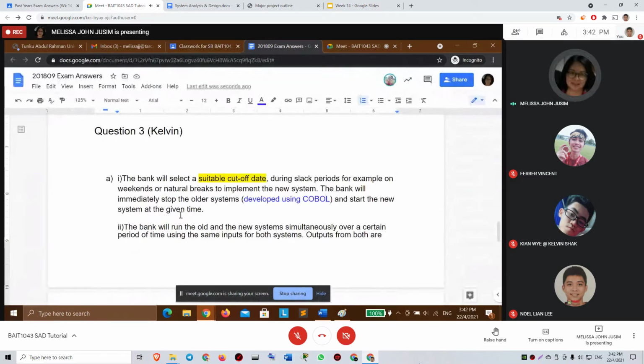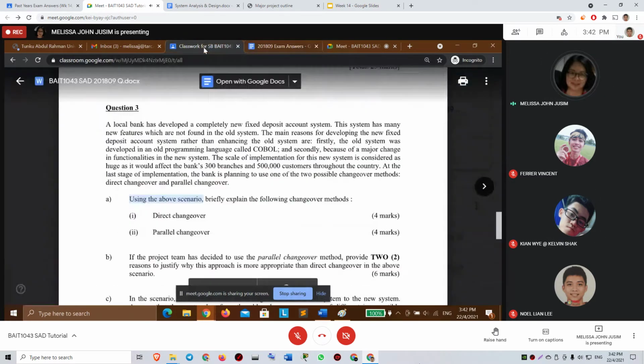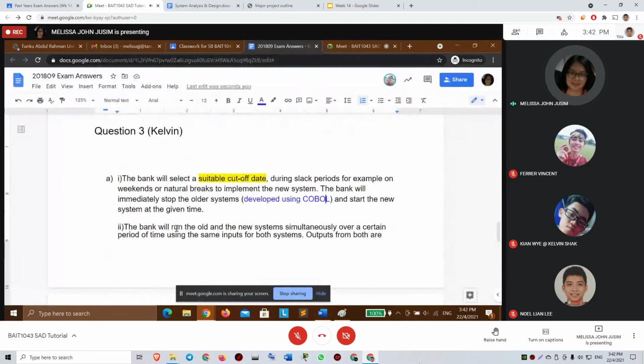Okay. The second one, parallel changeover: run both old and new systems simultaneously over a certain period of time using the same input for both systems. Correct.